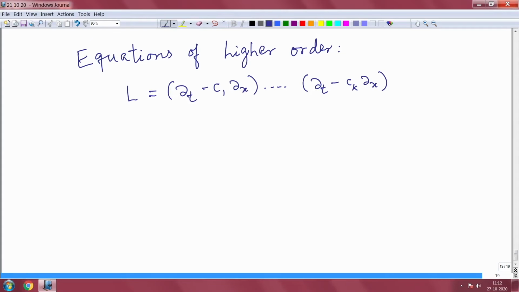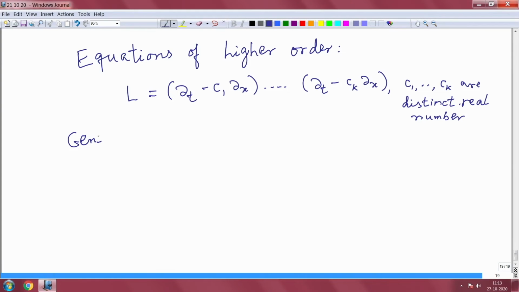So, that is the form of the higher order equation, okay, where C1, C2 and so on are all distinct real numbers. So, we did it for the case of two reals, but the same procedure applies. So, what we can show is this general solution now.